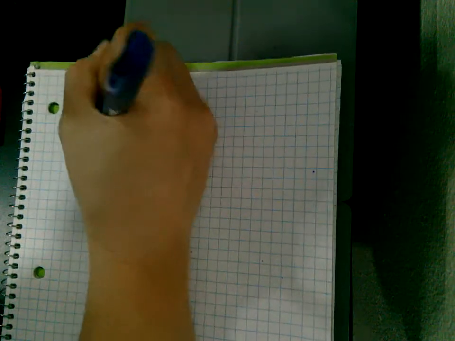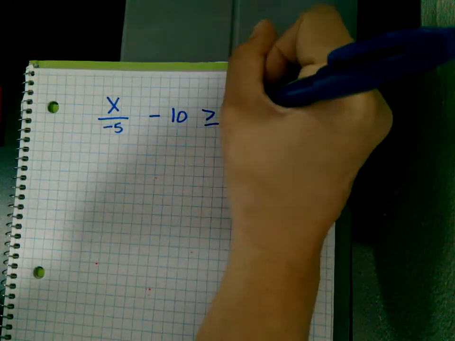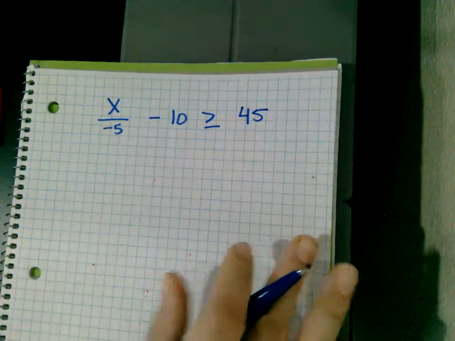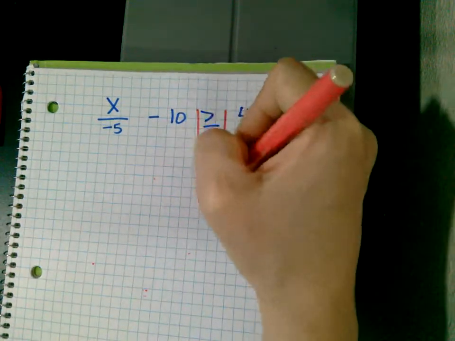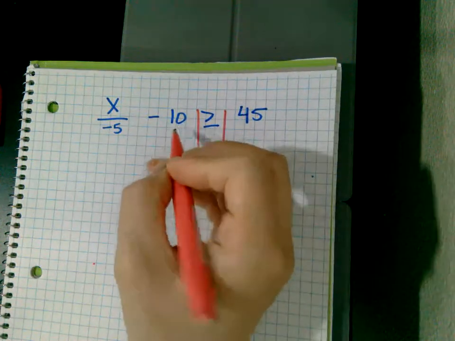All right, let's try doing a longer one. X over -5 minus 10 is greater than or equal to, let's say, 45. Okay? So we're going to draw our bars. Ask yourself, do I move the -5 or the 10? First, you're going to move the 10.